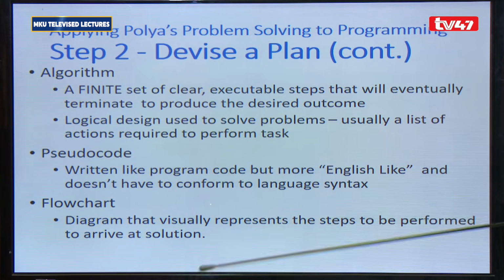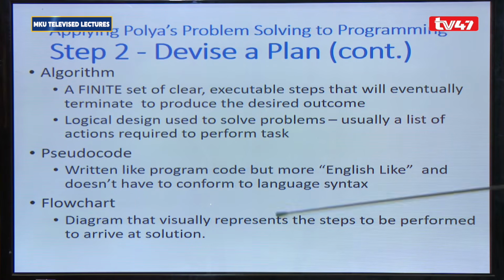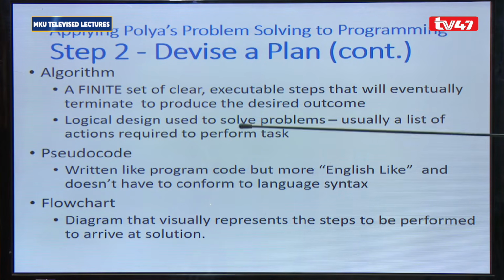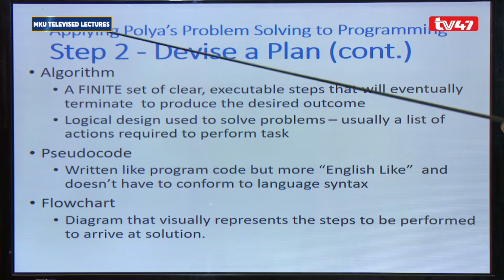We also have a flowchart, which is a graphical representation of our solution. A pseudocode represents a solution, a flowchart represents a solution. So generally, we talk of algorithms following some logic. Any algorithm that you use must be logical.